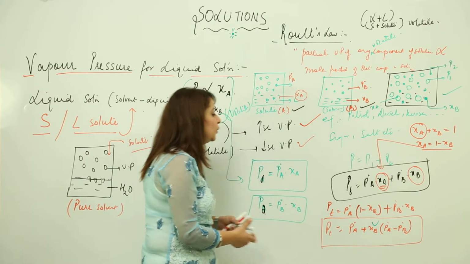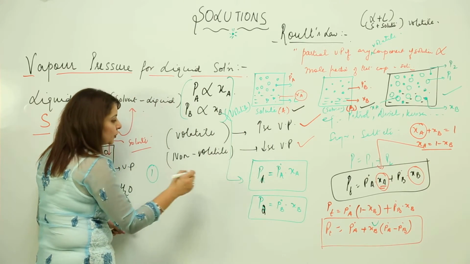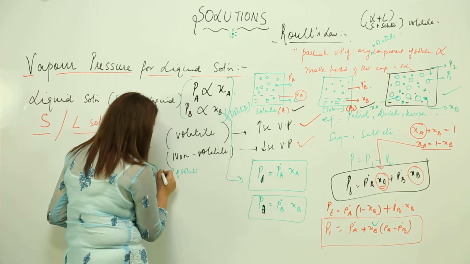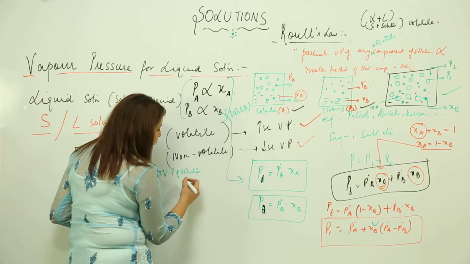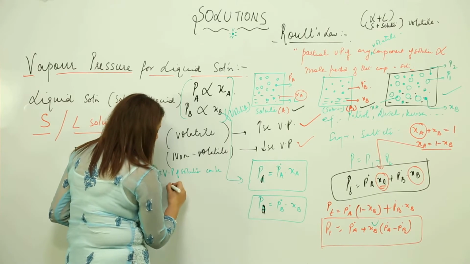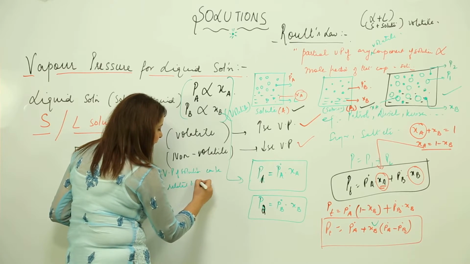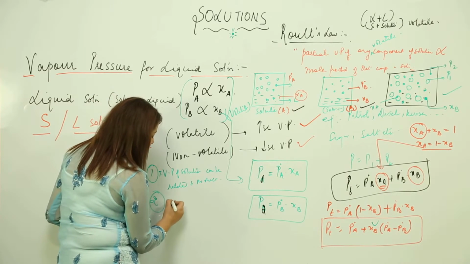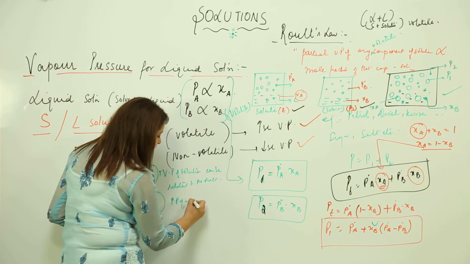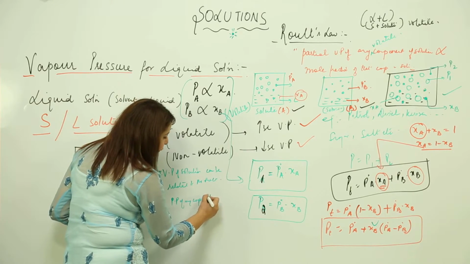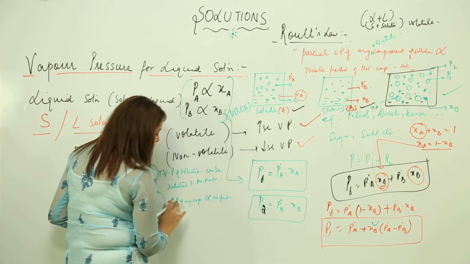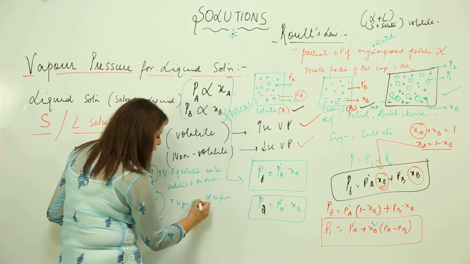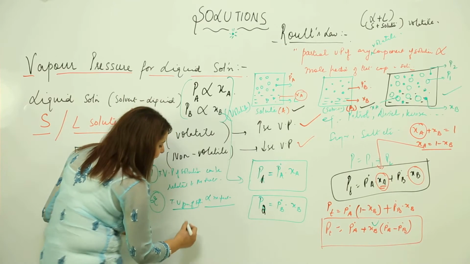So what conclusion do you get from this? First, the total vapor pressure of solution can be related to mole fraction, right. And the second thing is that the partial pressure of any component is directly proportional to the mole fraction, or you can say the total vapor pressure of solution varies linearly with mole fraction.